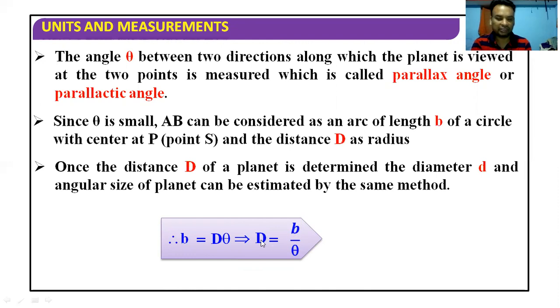So by this parallax method, we can find the distance of any faraway object from the surface of the Earth. b we know, theta we know, so very easily this large distance can be calculated. No need to use any meter scale or any other method. By this simple mathematical treatment we can find it out. This is the parallax method of finding the distance of a faraway object from the surface of the Earth.